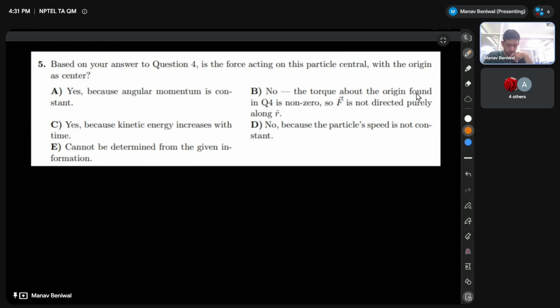So we have option A, that yes, it is a central force because angular momentum is constant. Option B is no, the torque about the origin found in question 4 is non-zero, so F is not directed purely along R. For option C, we have yes, because kinetic energy increases with time. Option D, no, because the particle speed is not constant. And option E cannot be determined from the given information.